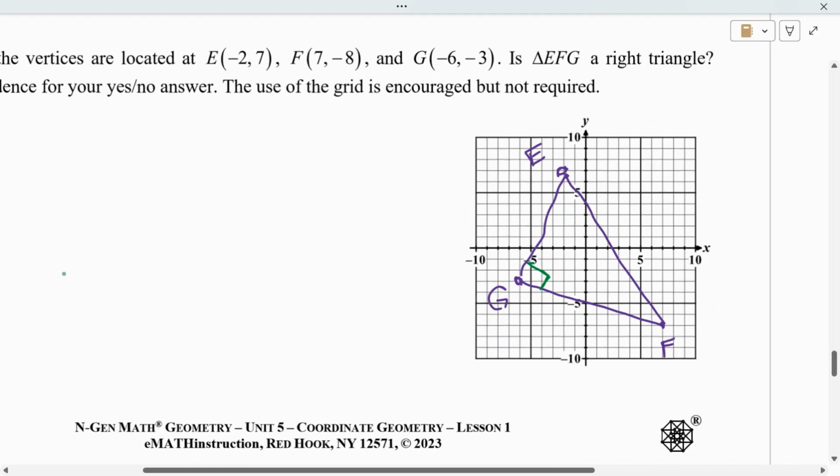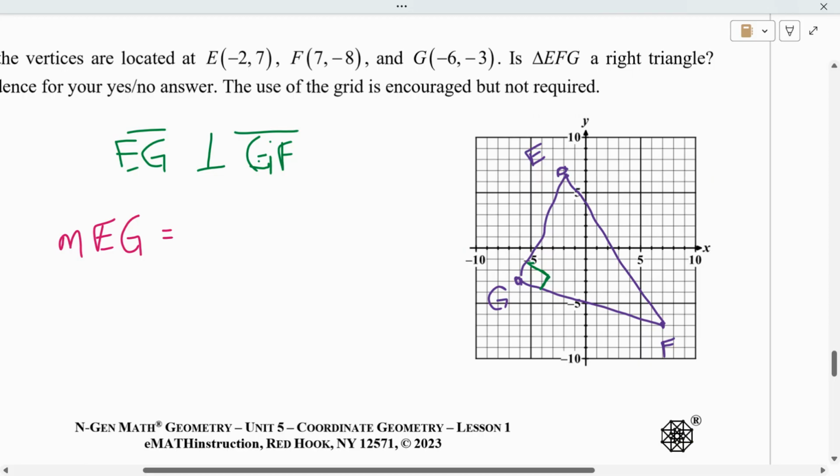So how do I prove that this is a right triangle? Well, I have to show that segment EG is perpendicular to segment GF, because remember that perpendicular lines intersect to form right angles. So let's find the slope of segment EG.